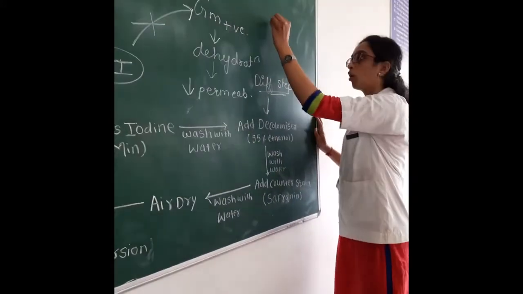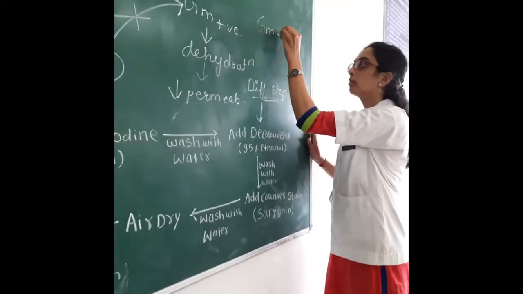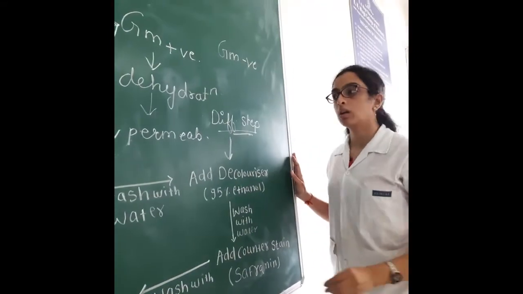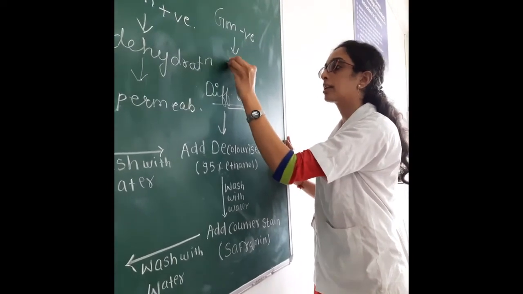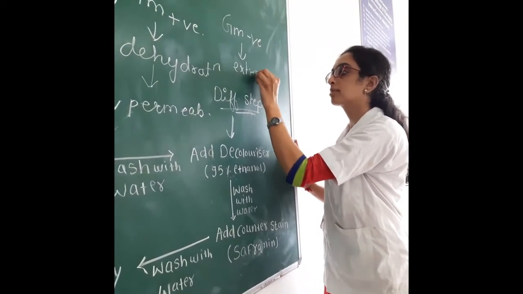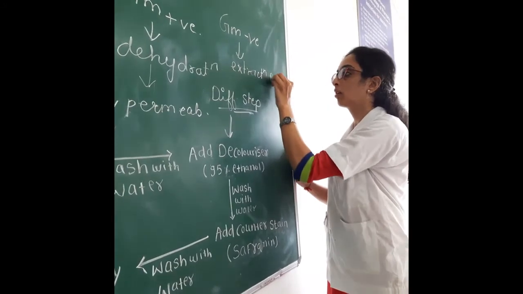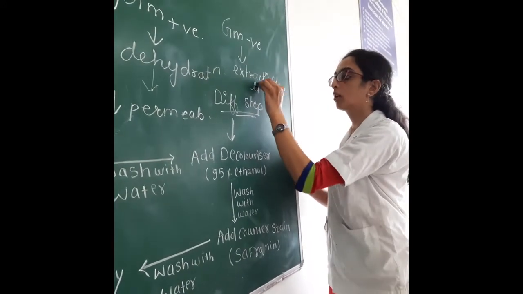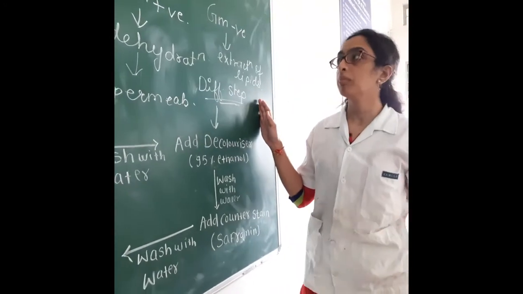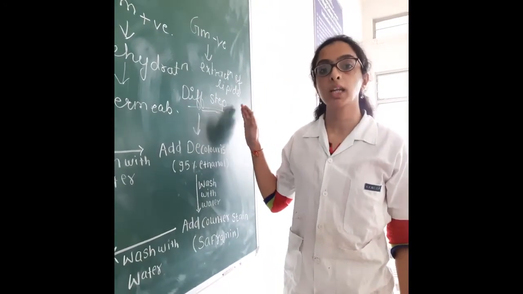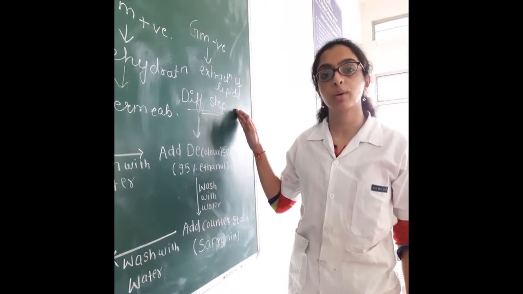While in the case of gram negative cells, it causes the extraction of lipids, because the gram negative bacteria cell wall contains a large amount of lipids.